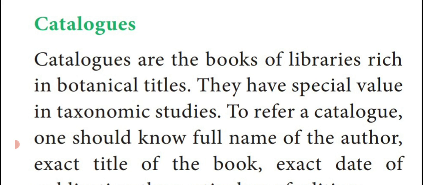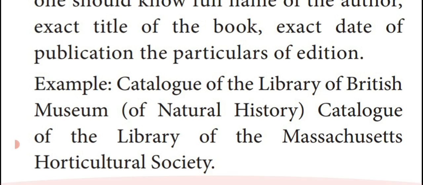With the help of these libraries, we can study the plants which are described by the author, and also the name of the book and date of publication. That is said to be catalogue.